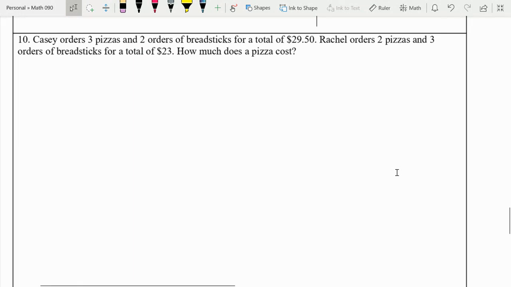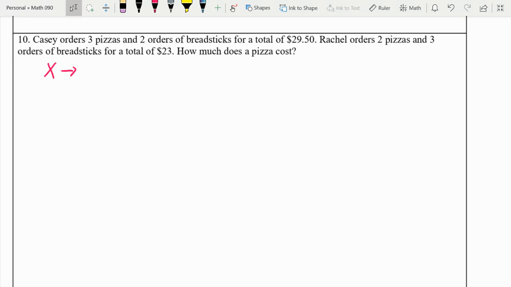All right, here we go. Pizza and breadsticks. How much does each pizza cost? You'll notice they just want X. They didn't ask for both. We'll do both just for practice, but they're only asking for one.